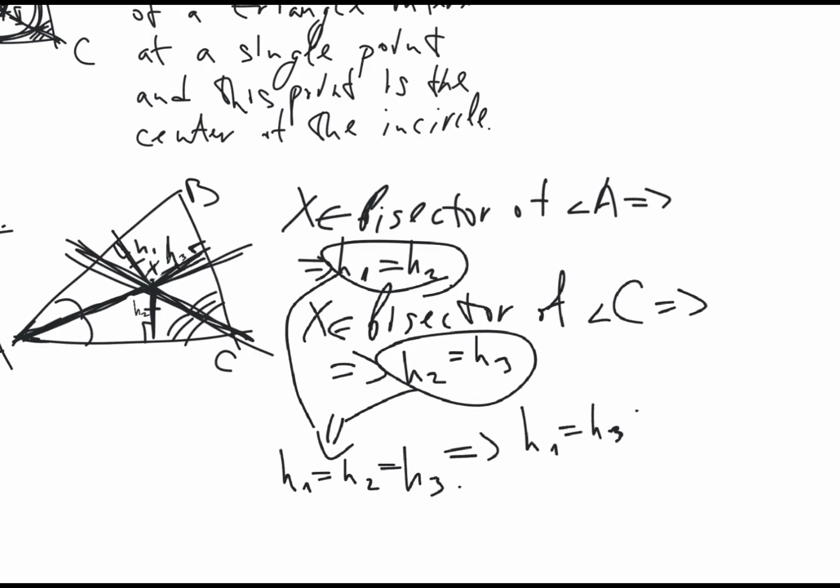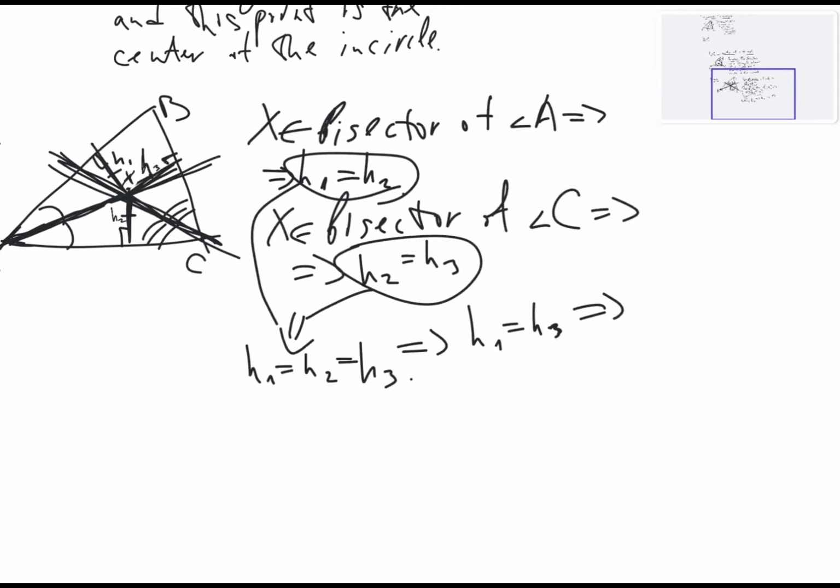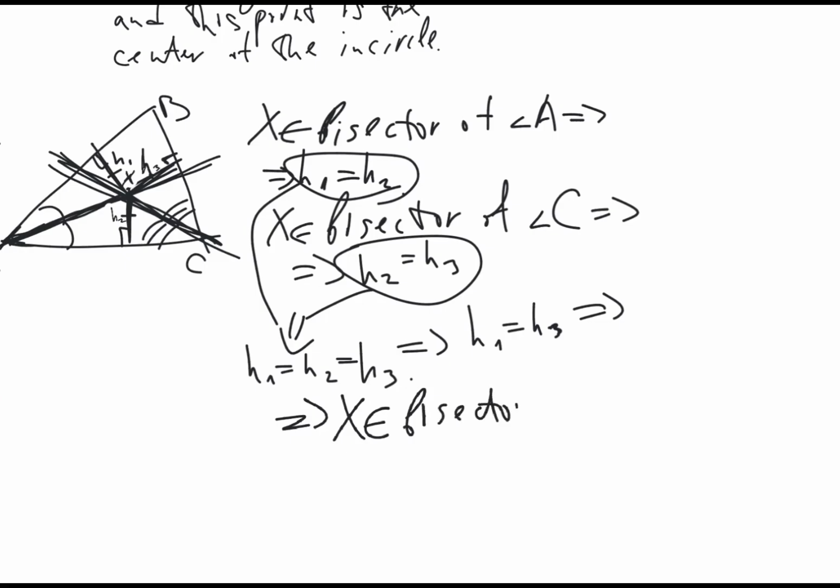From this it implies that X belongs to the third bisector, because the locus of points that are at the same distance from the sides of an angle is exactly the bisector of this angle. So X belongs to the bisector of the angle B. We started with the point that is the intersection of two bisectors, and we proved that the third bisector also passes through this point.